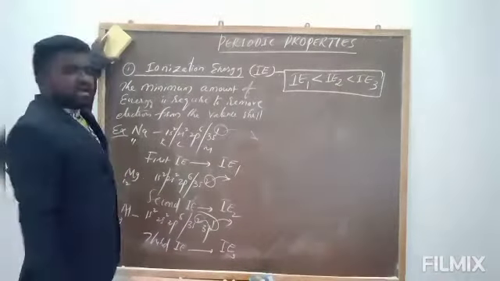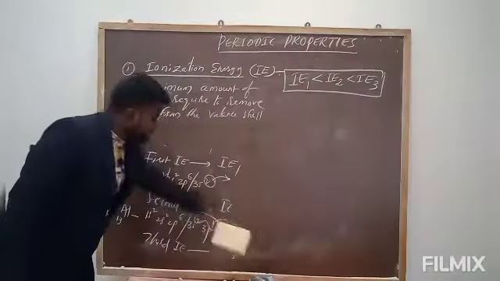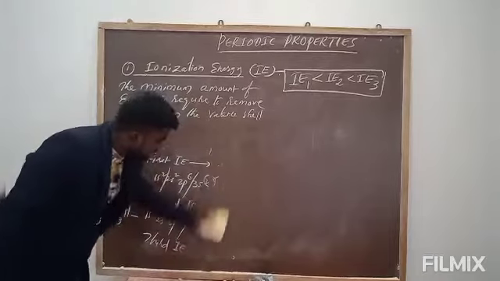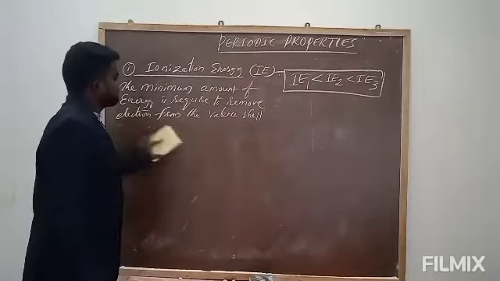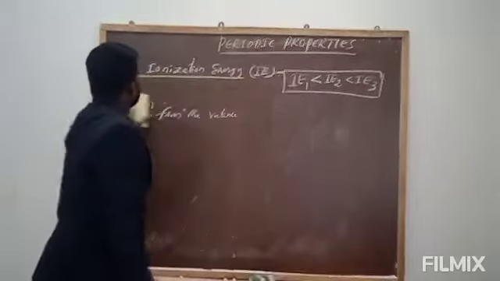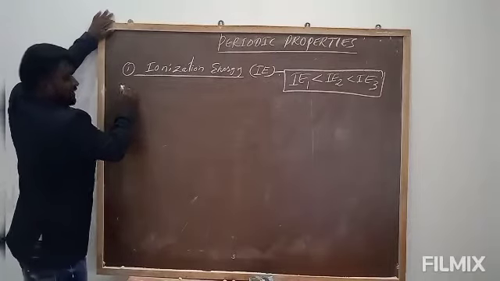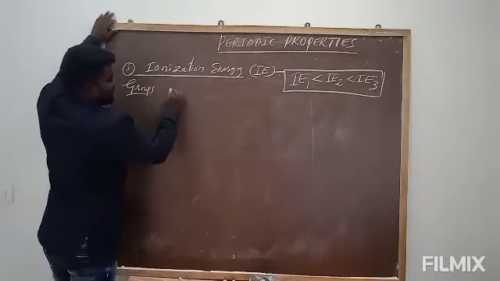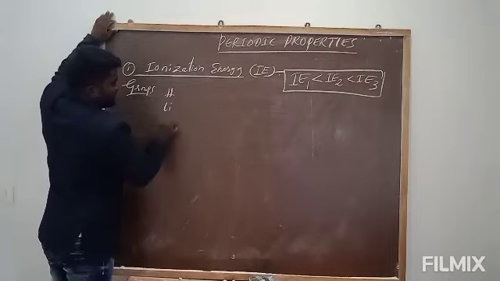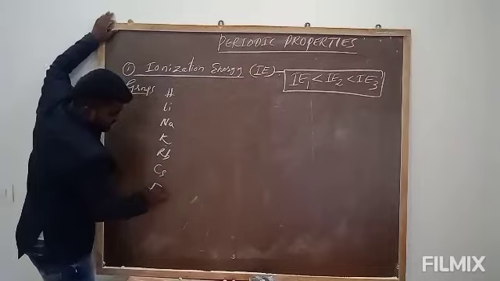Now, how it varies in groups and periods. For example, in groups I am taking hydrogen, lithium, sodium, potassium, rubidium, cesium, francium.